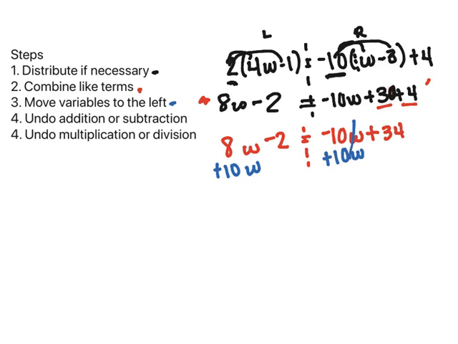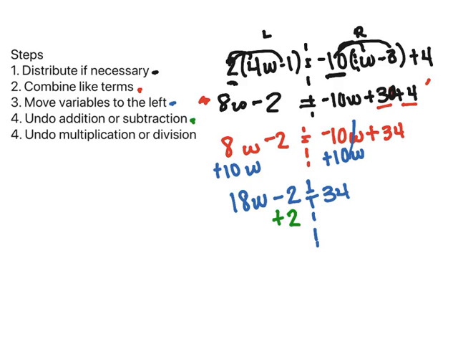Cancels. 8 plus 10 is 18w. Minus 2 comes down, equals, and then 34 comes down. Fourth step is to undo any addition or subtraction. So I see a minus 2. The opposite of minus 2 is plus 2.